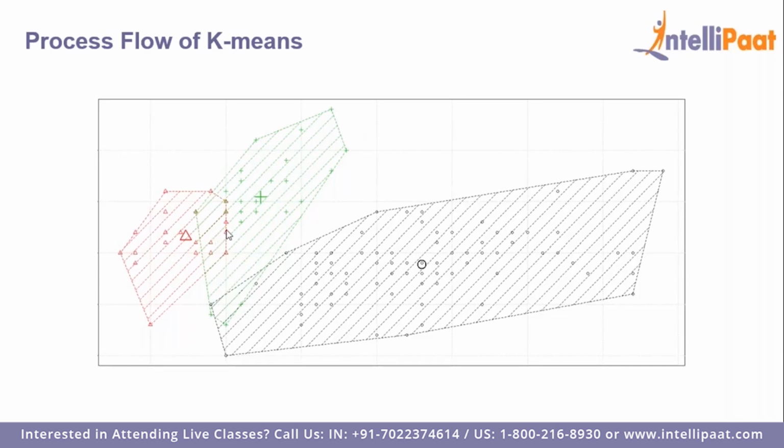Now, since the k-means algorithm initially gave these centers randomly, what it does is it takes this cluster and finds the mean value of all of these data points, and that mean value becomes the cluster center.